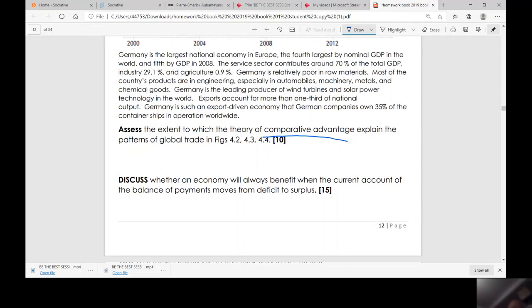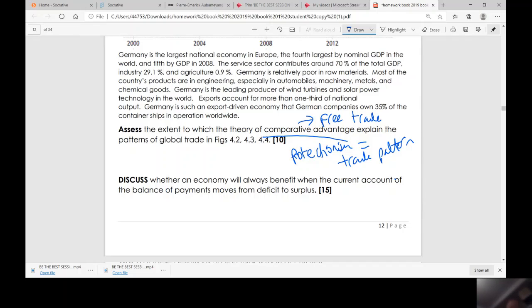But then another reason for trade occurring, comparative advantage will be a free trade argument. The opposite to that is a protectionist argument. So how can protectionism lead to a trade pattern? So where trade goes.